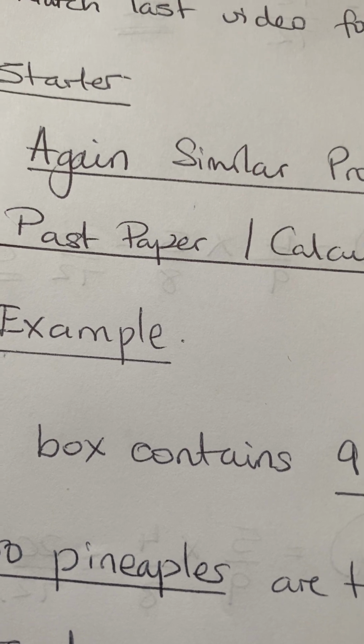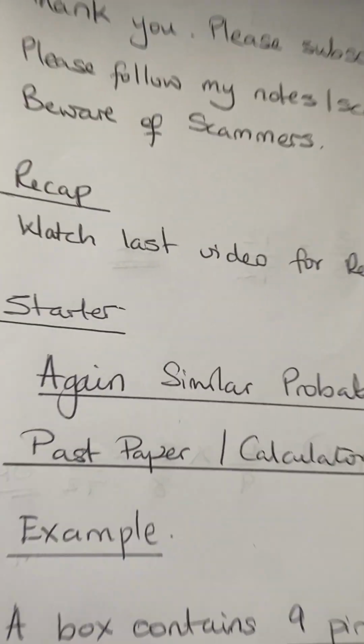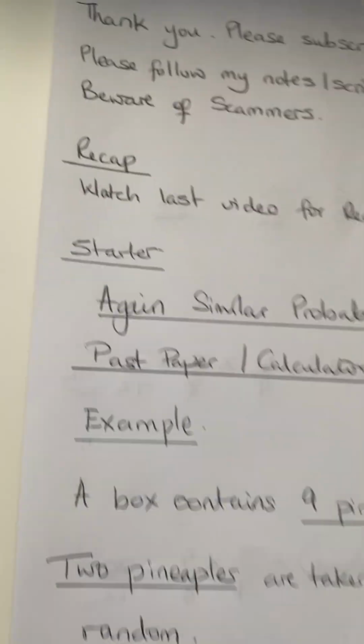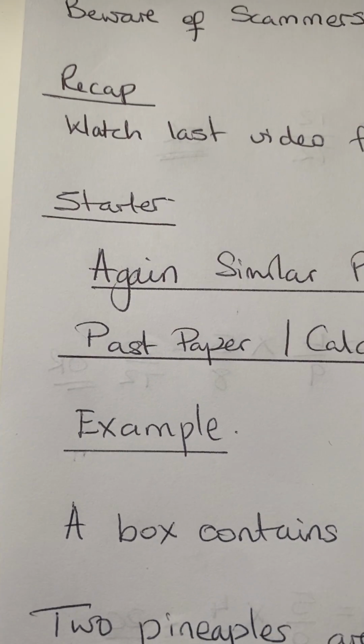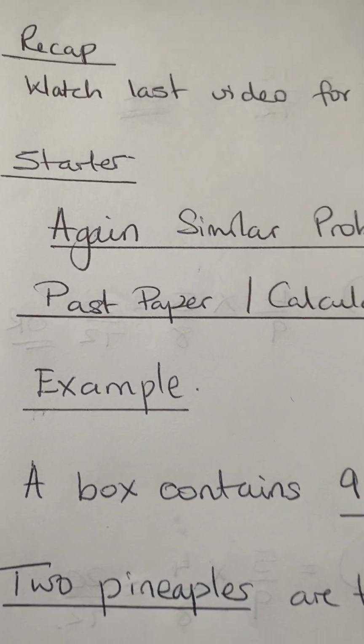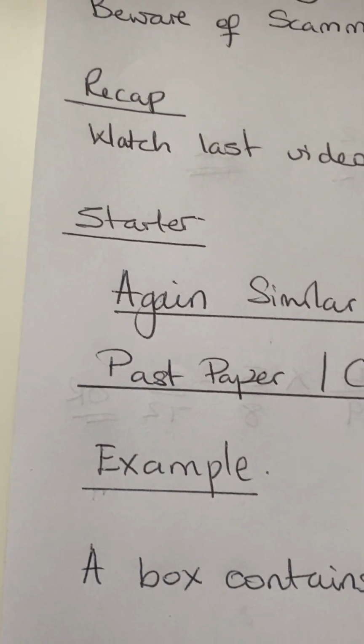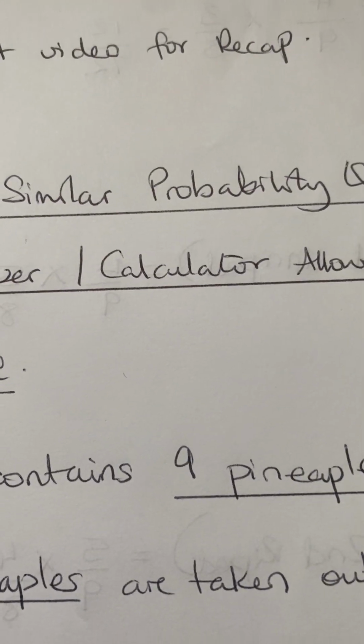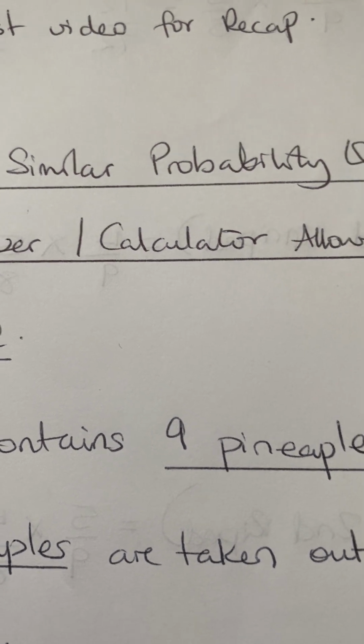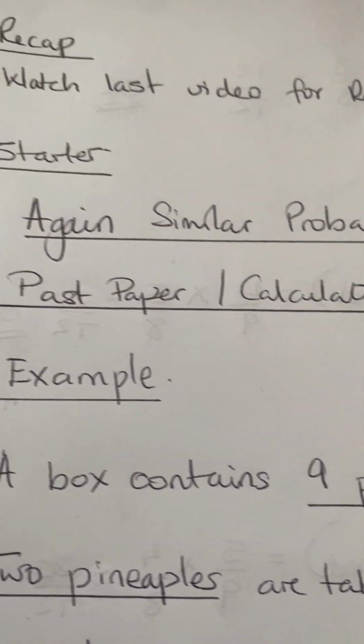So it's the same process. Here again, I found another probability question similar to what I've been doing with you in the starter. This is a past paper, a calculator paper, meaning calculators are allowed.